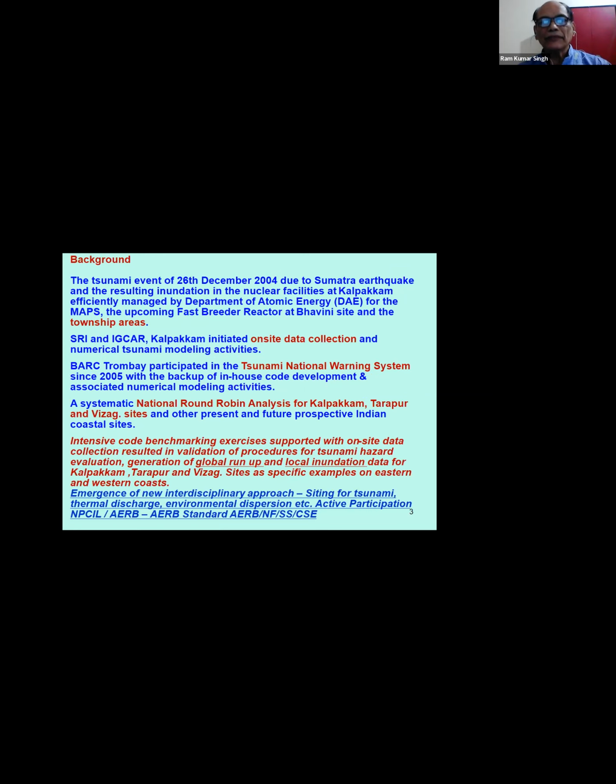Now everybody knows this 26 December 2004 tsunami event. This caused the problem of inundation in the nuclear facility at the Kalpakkam MAPS reactor. And also the Bhavani site where the containment raft was being constructed, that also got affected along with the neighboring township area.